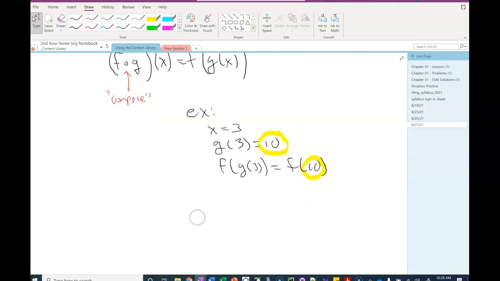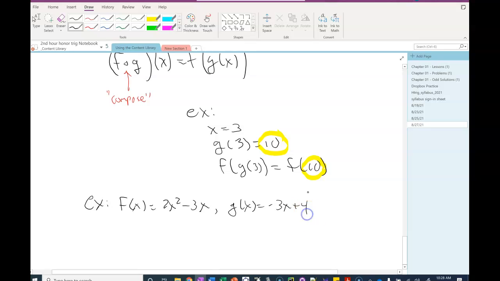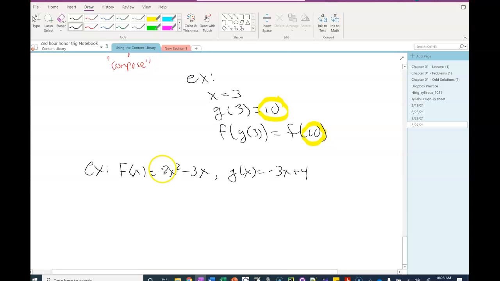Okay, so let's do a couple of numeric examples here. And this will probably be the stopping point after these. Sound good to you guys? So I have 2x squared minus 3x for f, and negative 3x plus 4 for g. So if I do f compose g of x, that's f of g of x.